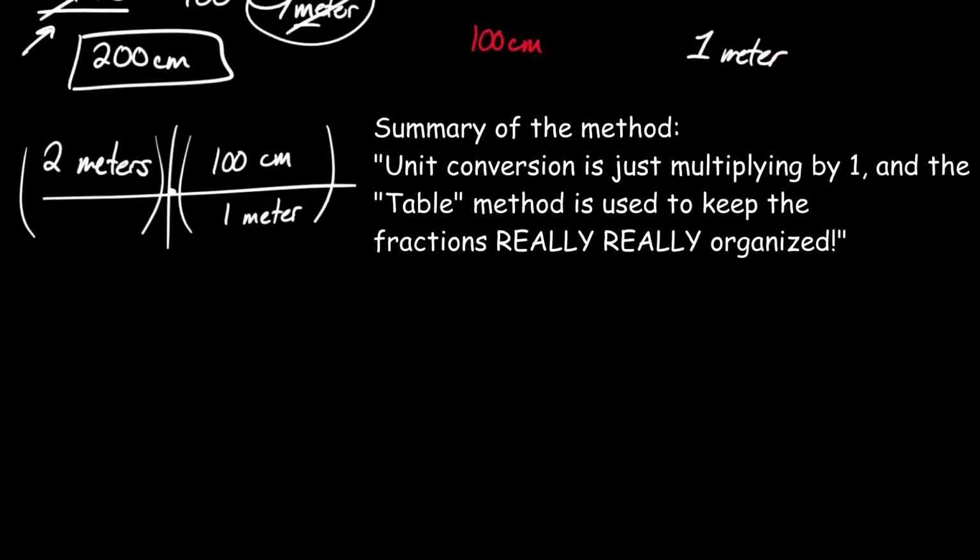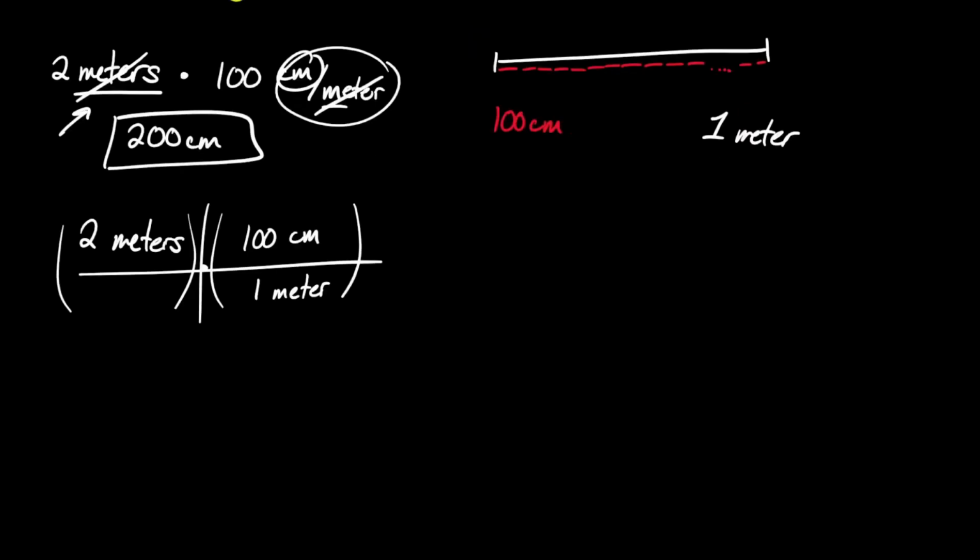Those are the same thing, so basically you've just multiplied by 1 to reorganize the distance into new units. So every time you're doing dimensional analysis, you're just doing repeated multiplication by 1. And now you see this cross in the middle has really clearly divided what is being divided versus what is in the numerator being multiplied. And now you can really decisively cross out meters because it appears once upstairs and once downstairs.